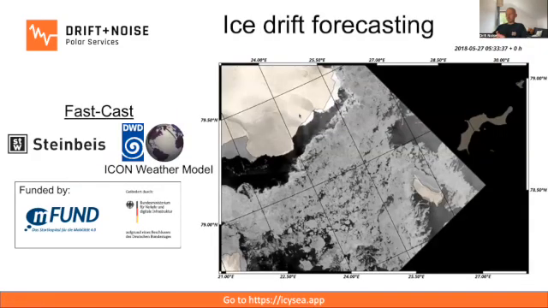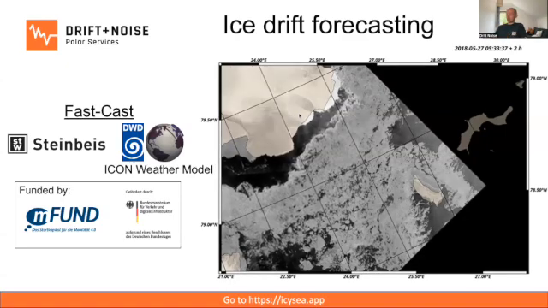Next one is including ice drift forecasting into IcySea as well. Right now we have those dots and arrows that give you a general overview of where the ice is supposedly moving. However, we also want to look at higher resolution. As I mentioned, for the expedition we just had, we're really interested in hourly forecasts of ice.